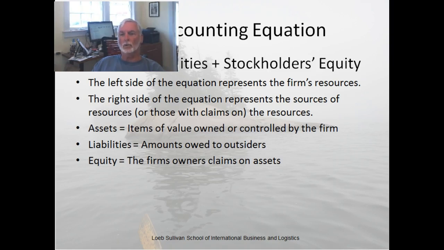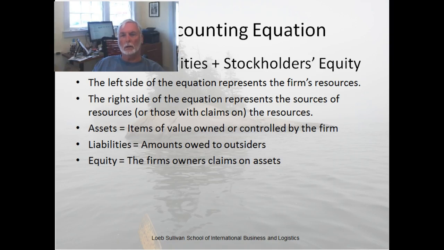And the claims on those resources are liabilities, which is things I owe that I'm required to pay at some point in time, sooner or later, to credit holders, outsiders who have granted me credit. They've lent me money, they've sold me goods and said I can pay them later. They've allowed me to do things that I have to pay for later. All of those things are liabilities.